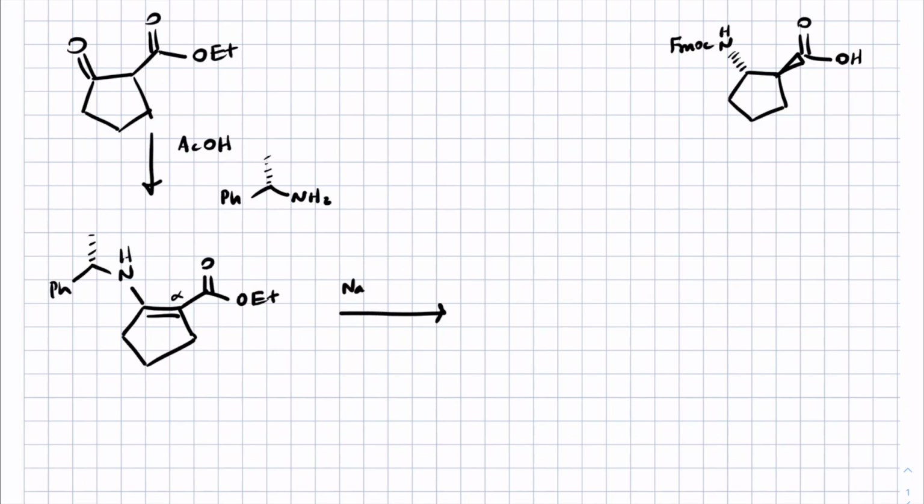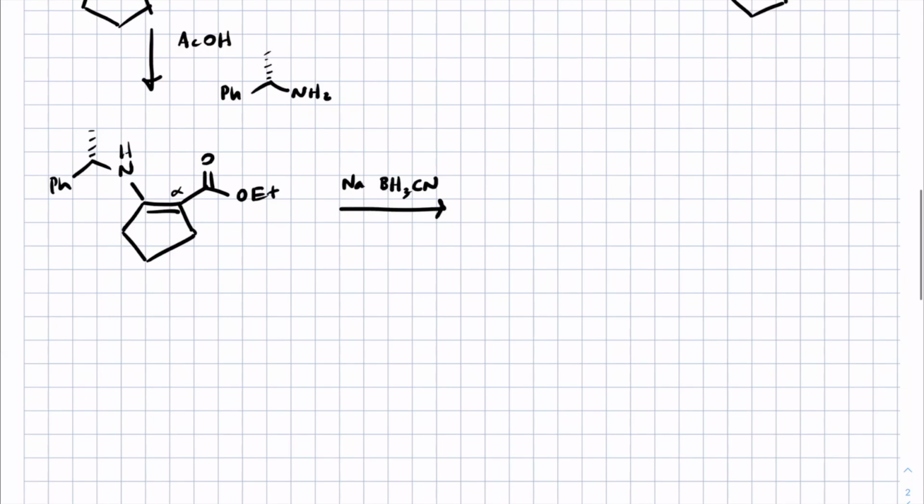Then the 2-step reaction series was reductive amination. You would use sodium cyanoborohydride, a form of borohydride that you can use in protic solvent, and that would reduce the enamine to the beta amino ester with the appropriate stereochemistry, or at least you would get the desired diastereomer as the major product, and then you could separate it from the other diastereomers.